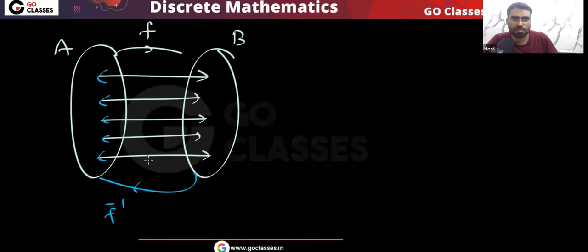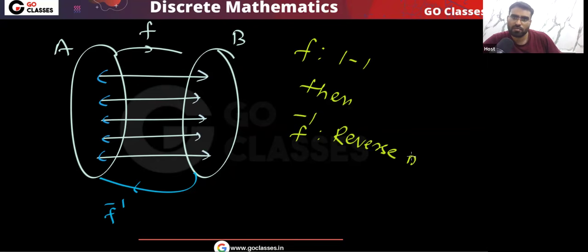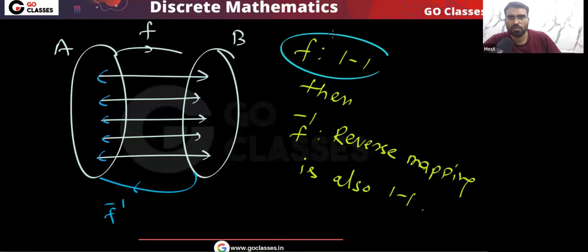Understood? So if F is one-to-one, very simple, then the reverse mapping is also one-to-one. Okay, so very simple.